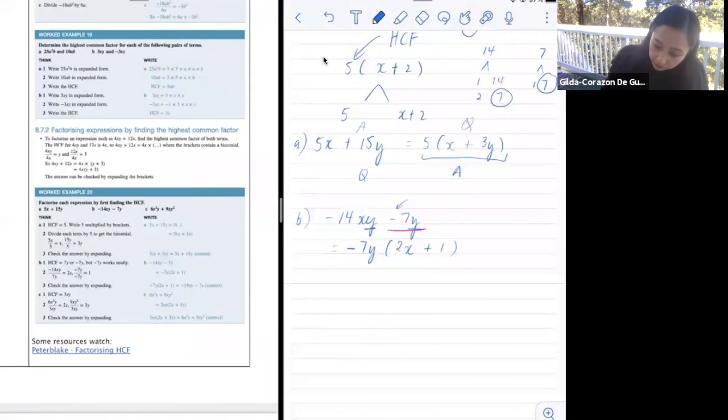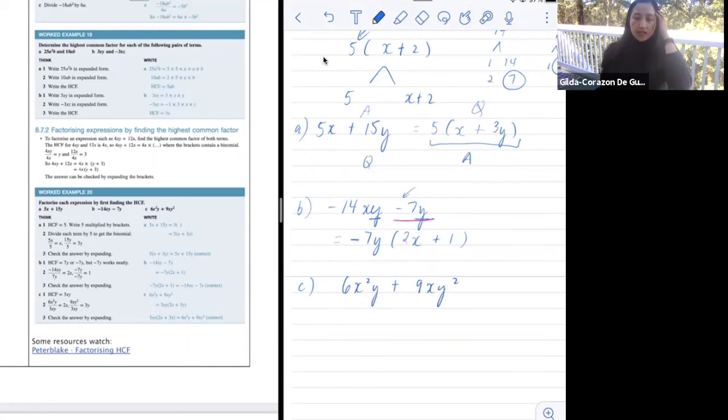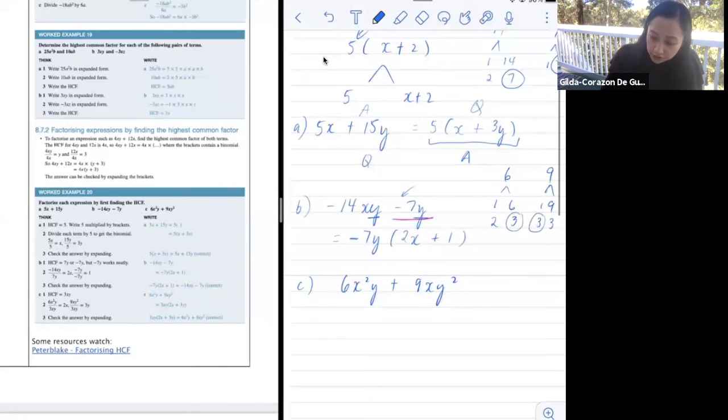Okay, let's have a look at question C. We've got 6x squared y plus 9xy squared. Again, numbers first and then letters. We've got 6 and 9. What are the factors of 6 and 9? 3, yes, thank you. So then you've got 3 as your highest common factor for the numbers. Now let's have a look at the letters. You've got here x squared y, and here it's xy squared, right?